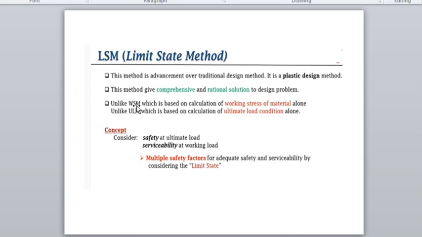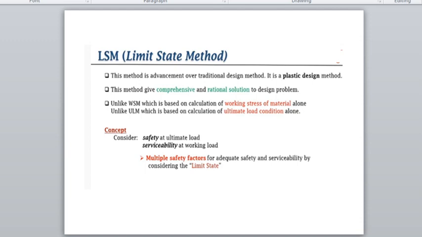Unlike the working stress method, which is based on the calculation of working stress of a material only, and the ultimate load method, which is based on the ultimate load condition alone, both methods were used in only one context, considering only one factor.